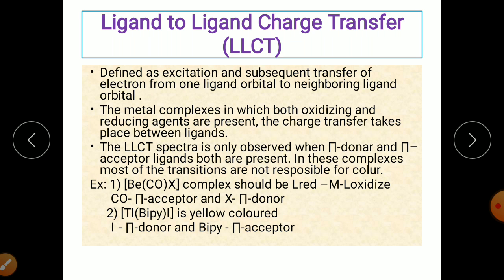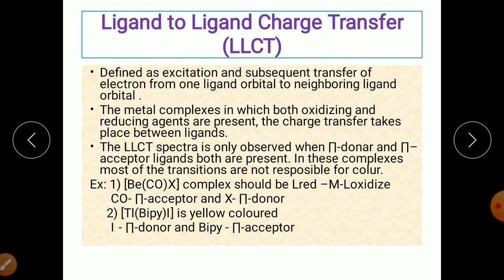In the case of BeCO3X complexes, from the ligand reduced state to the metal to ligand oxidized state, meaning reduced ligand to oxidized ligand, there is transfer of electron from ligand to metal to again ligand, and here carbonyl acts as a pi acceptor and halide acts as a pi donor.